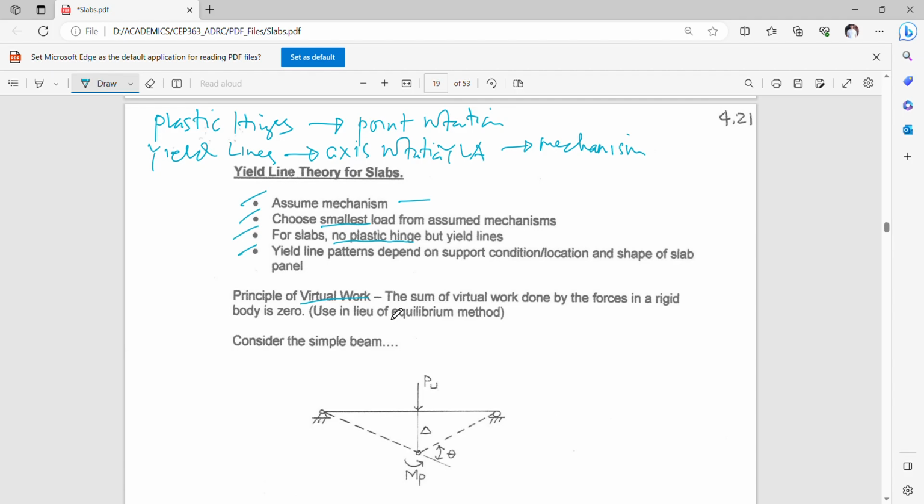The other method is an equilibrium method, but this is more difficult to apply, because we are talking here of forces and moments.